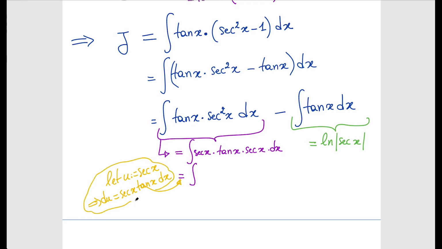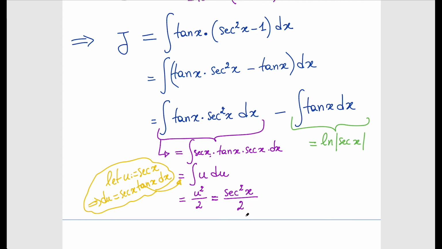So we get this. So this is u du then. This whole thing is du. And this is u squared over 2 plus a constant. Let's add the constant at the end of the day. So u squared over 2, and u is secant, so this is secant squared x over 2. Correct?